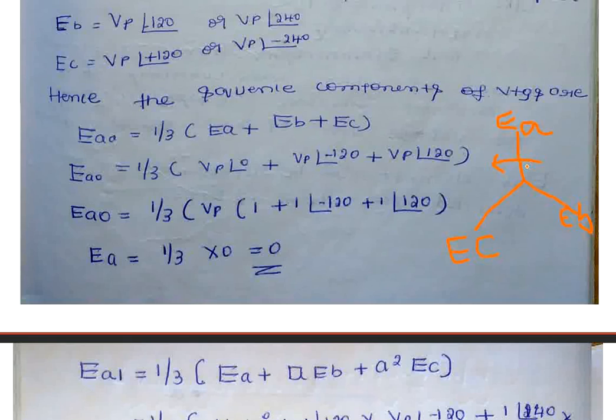What is EA? EA equals EB equals EC, and I can represent this as VP. In terms of VP, EB equals VP at an angle of 240 degrees.